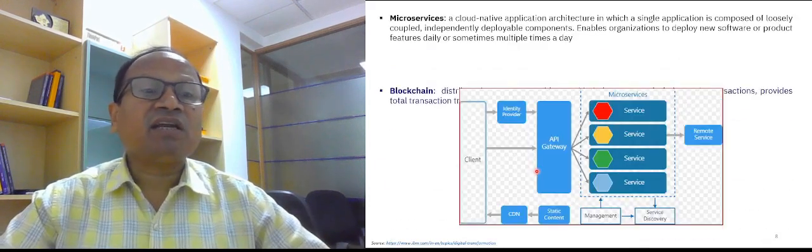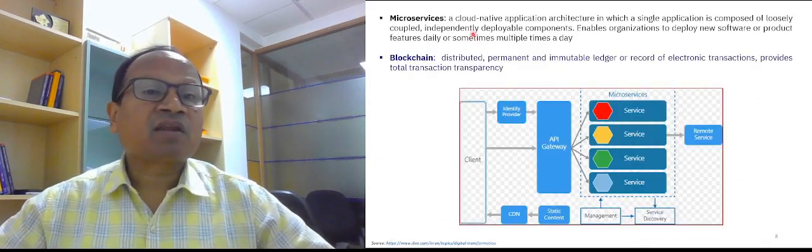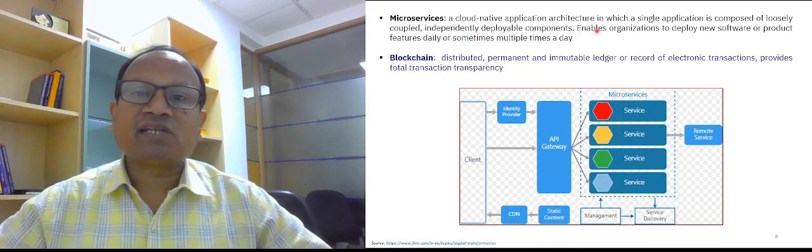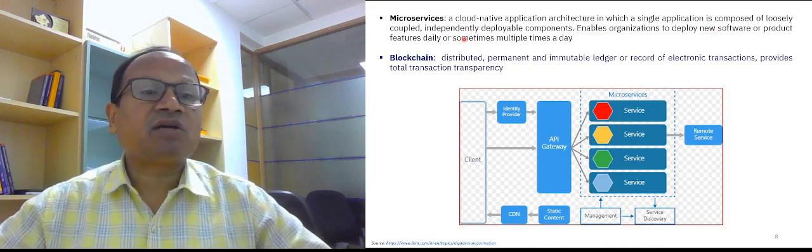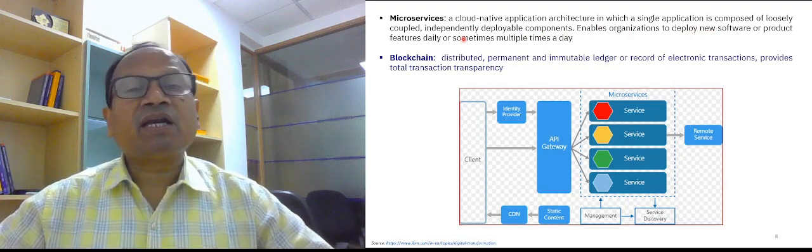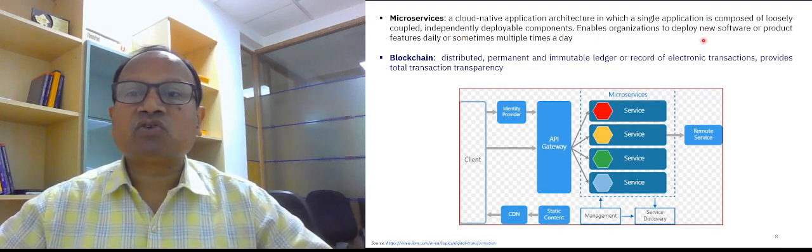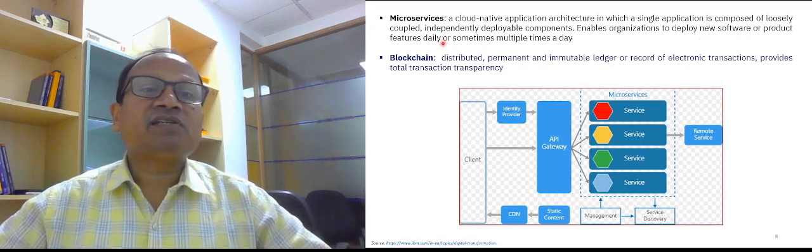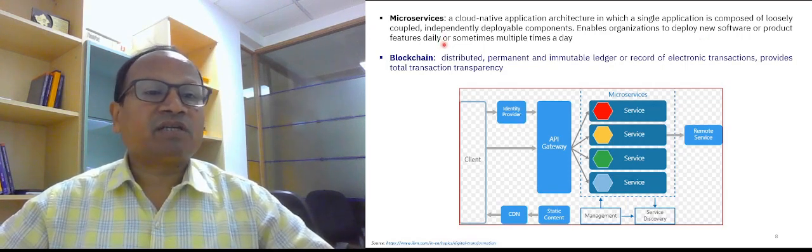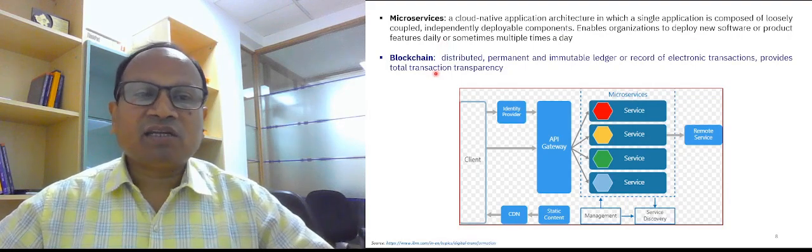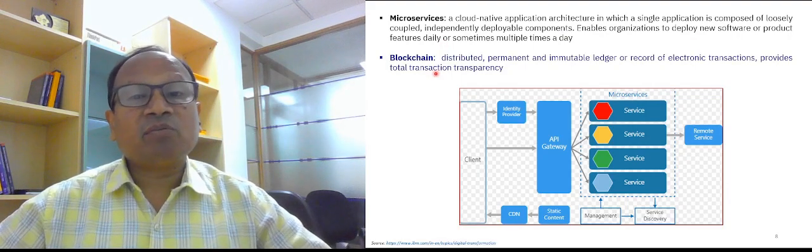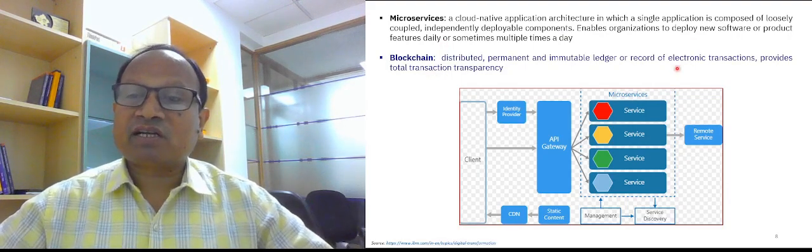IoT, and then microservices, a cloud-native application architecture in which a single application is composed of loosely coupled, independently deployable components. Microservices enable organizations to deploy new software or product features daily or sometimes multiple times a day. Then comes blockchain. It's a distributed, permanent, and immutable ledger or record of electronic transactions.